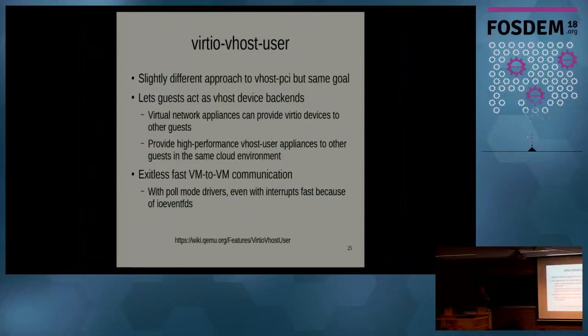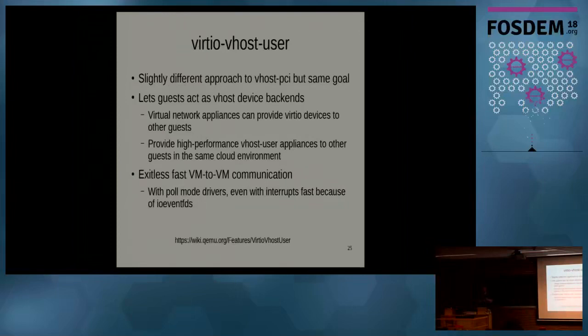VirtIO devices usually were just a driver in a guest and an emulated device in QEMU, in a host user space process. Then as it evolved, vhost came along, which allowed you to implement part of the VirtIO backend in the kernel.